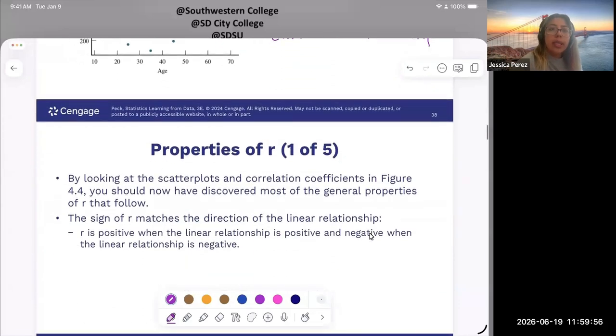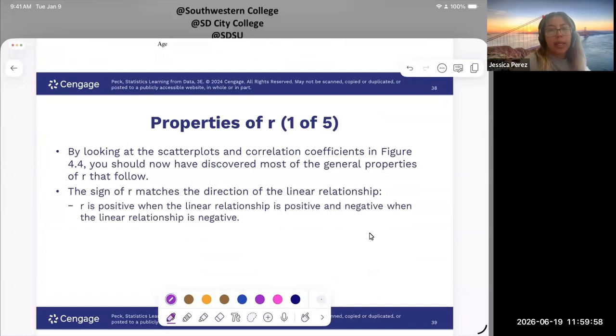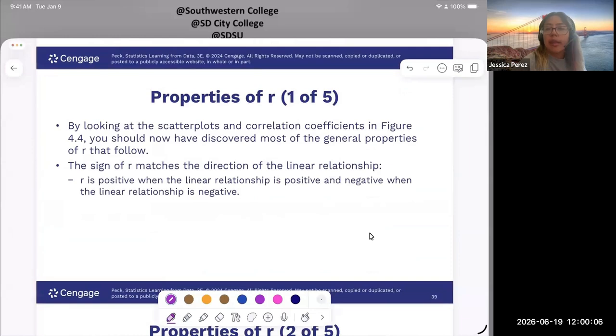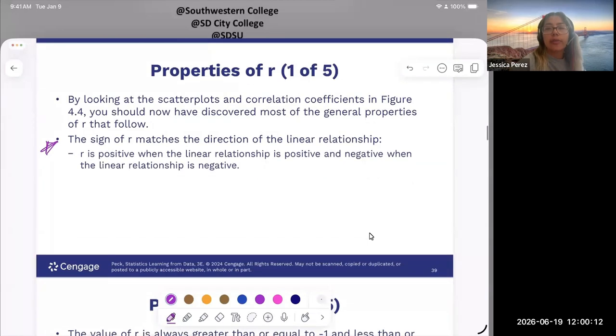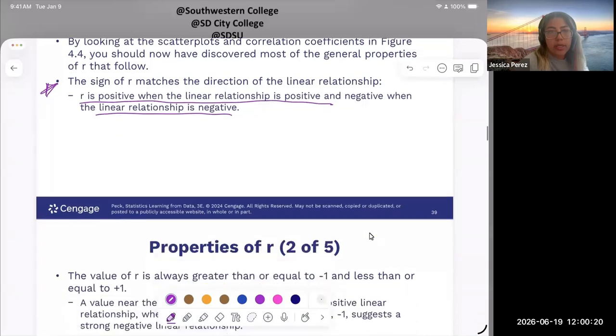So now, by looking at the scatter plots and correlation coefficients in figure 4.4, you should have discovered the most general properties of R that follow. These are the properties that we have to learn and identify. The sign of R matches the direction of the linear relationship. R is positive when the linear relationship is positive and negative when the linear relationship is negative.